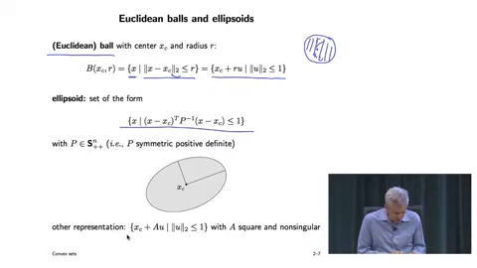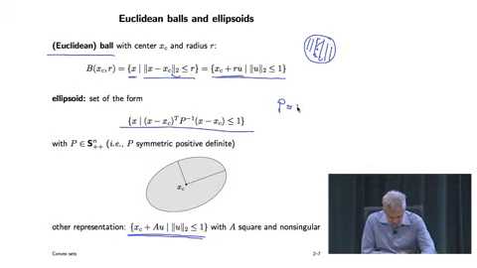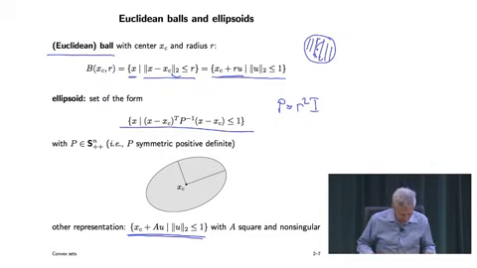And there's definitely a corresponding representation, just like this. Oh, I should mention the following. If I take P equals r squared times I, then that's an ellipsoid, but it's also a Euclidean ball. So this is a generalization.